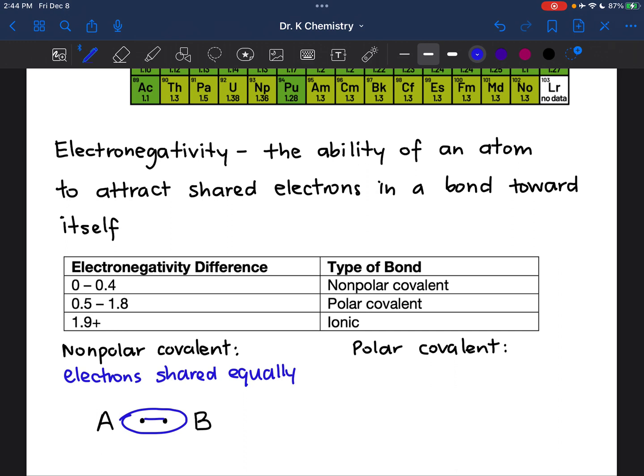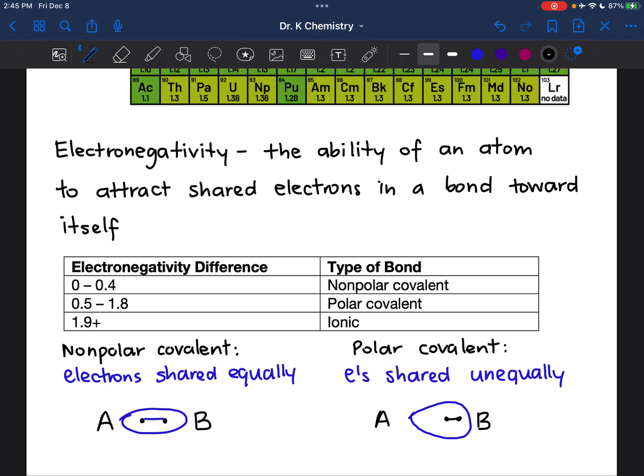If the electronegativity difference is between 0.5 and 1.8, then that would be a polar covalent bond. And here the electrons are being shared still, but they're not being shared equally. One atom is going to pull electrons toward itself more than the other. Let's say hypothetically that atom B was the more electronegative one, it means it will be pulling that electron density toward itself.